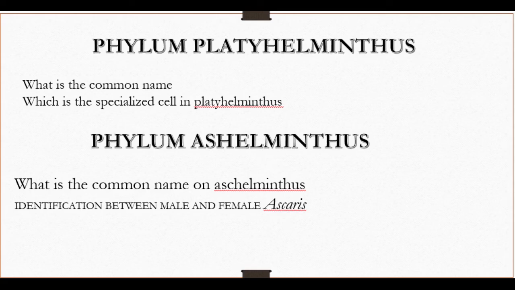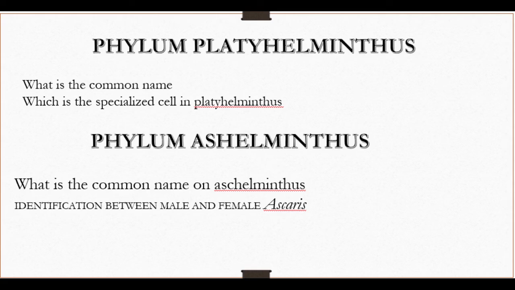Then from Aschelminthes, what is the other name of Aschelminthes, that is a one-word question. Then a very important question from this phylum is the identification between the male and the female Ascaris. You should not go for any examination without studying this table because it's very important.